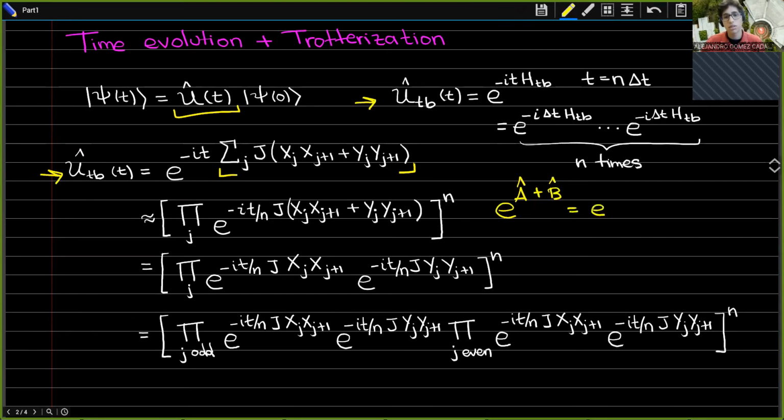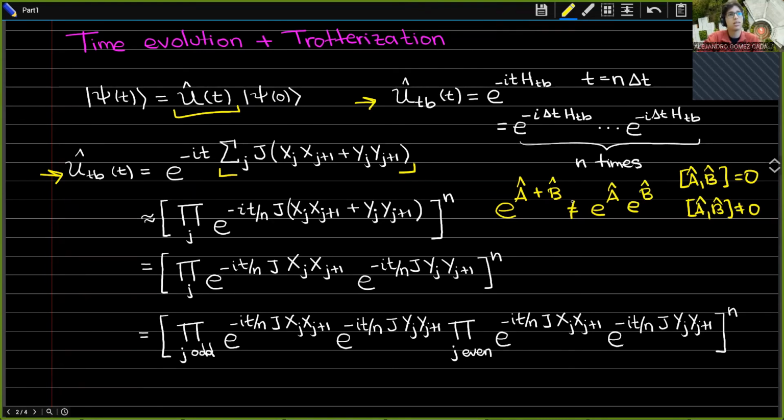And now the question is, can we do this? We can do that only when the commutator of A and B is 0. If the commutator of A and B is different than 0, this is not equal. And why do we need to multiply exponentials?